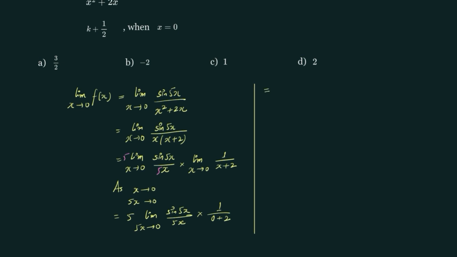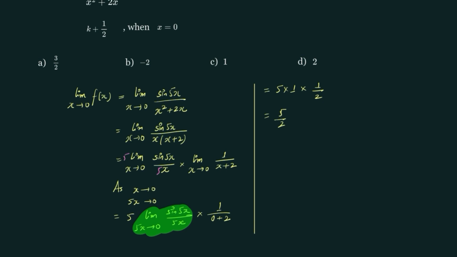So here it will be 5 into, now this portion, limit 5x tends to 0 sine 5x by 5x is 1, into 1 over 2. So that means my limiting value is 5 over 2.